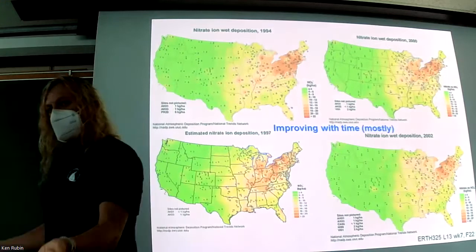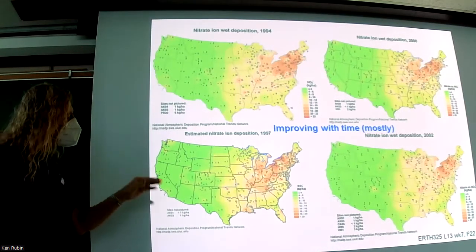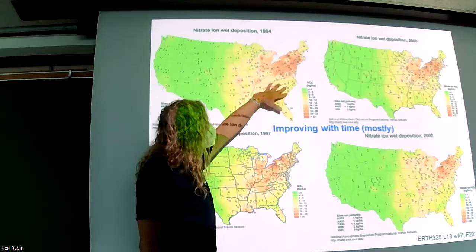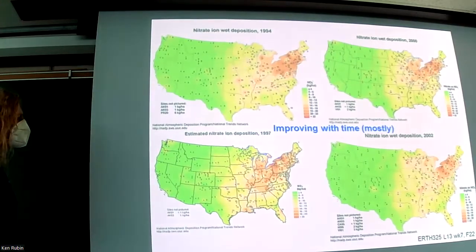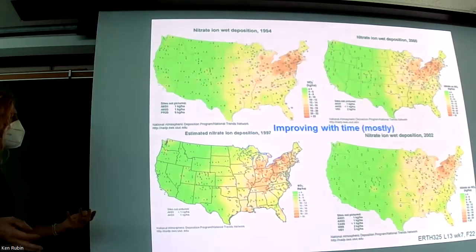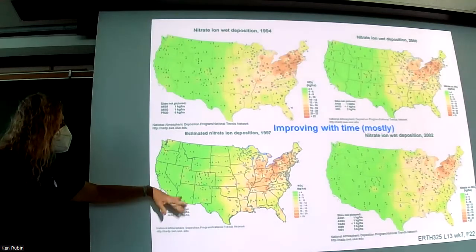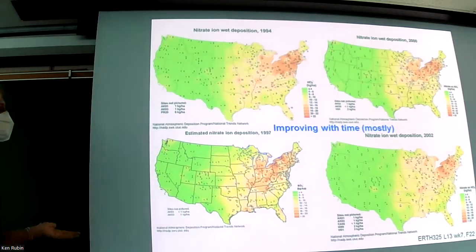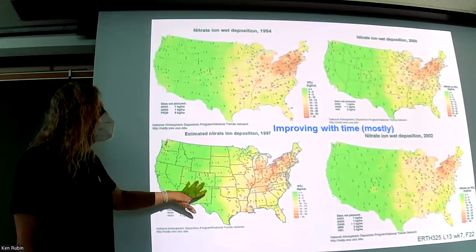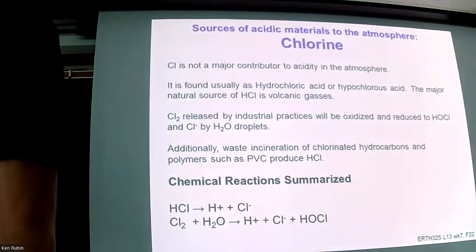The map looks very similar to the sulfur map, with maybe slightly less happening in the mid-Atlantic and interior portions. People like to talk about how there's all this vehicle use in the Western US and that's a major source. But it isn't, in fact. When you look at the nitrogen in the rain, most of it is happening in the eastern part of the country.